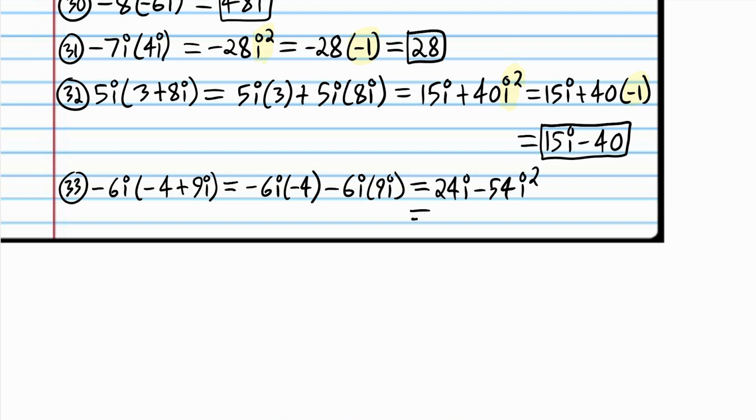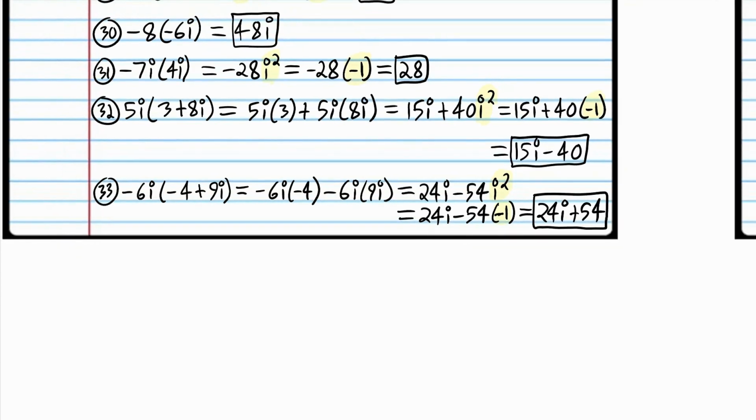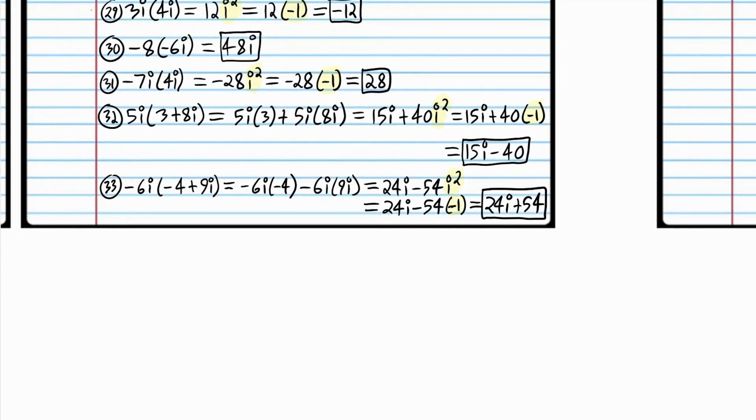And then finally we get 24i minus 54, and remember, I squared, that's negative 1. So we get negative 1. And then finally the answer is 24i plus 54, because negative 54 times negative 1 is positive 54.